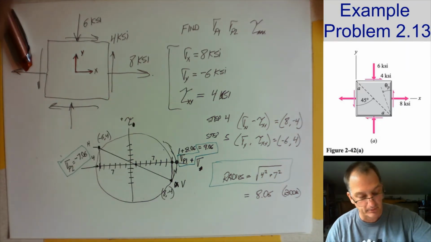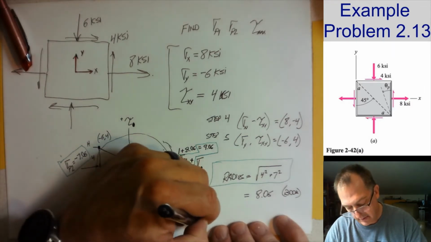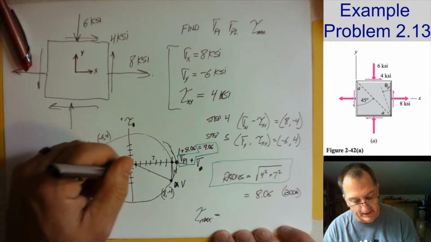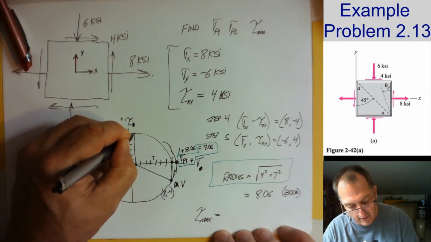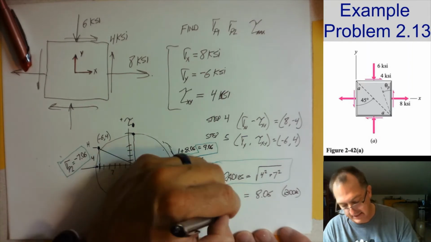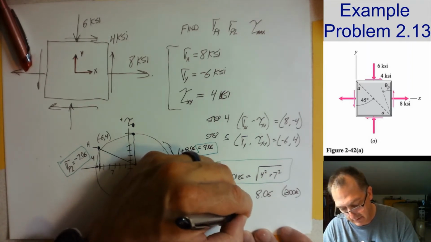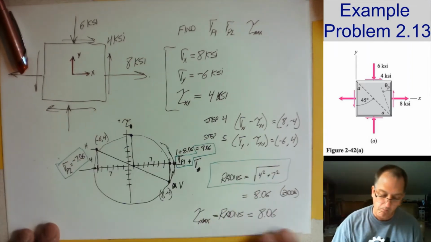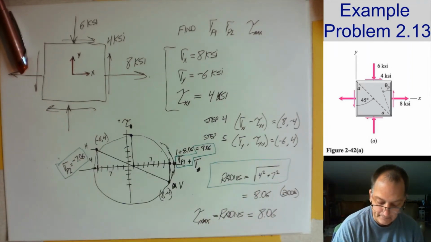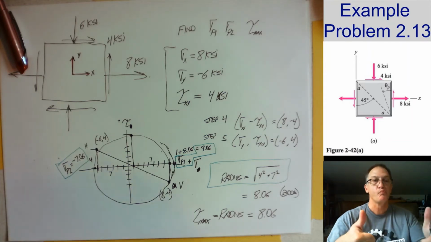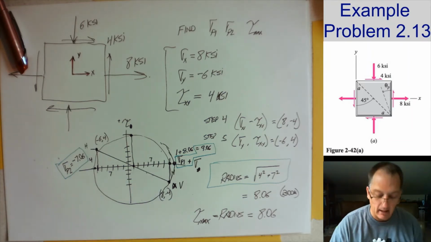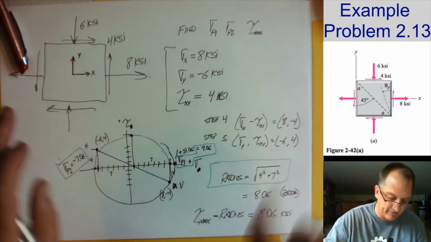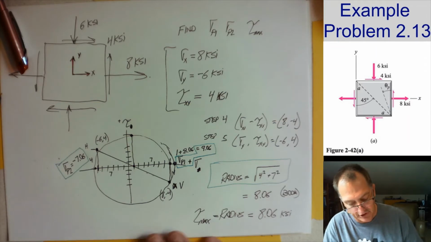Tau max is equal to, well, that's just the radius, which is equal to 8.06. How's that? I should have units everywhere, in ksi. I should have a box around this.